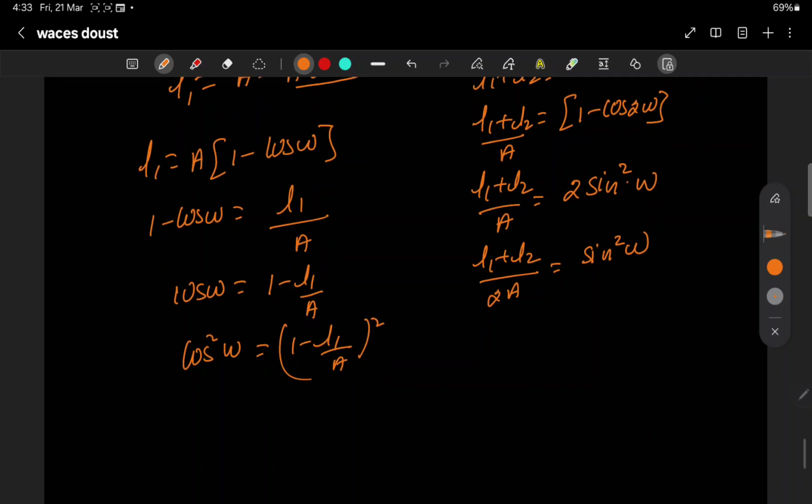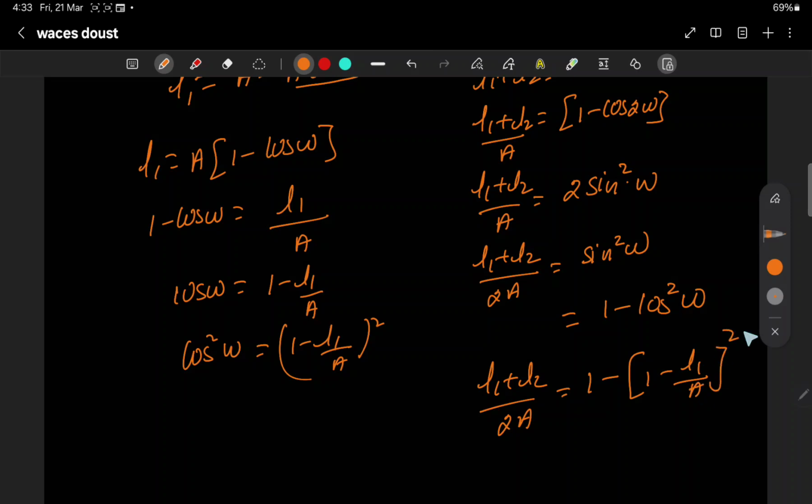Okay, so now we can try to relate it. So here sin square omega I can write as 1 minus cos square omega. So here L1 plus L2 by 2A is equal to 1 minus cos square omega, which is nothing but 1 minus, 1 minus L1 by A whole square.